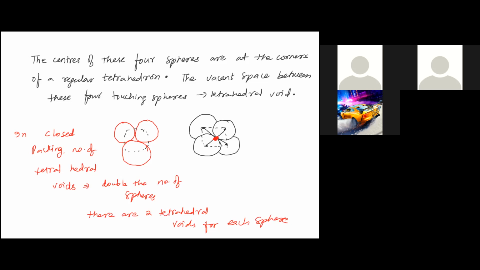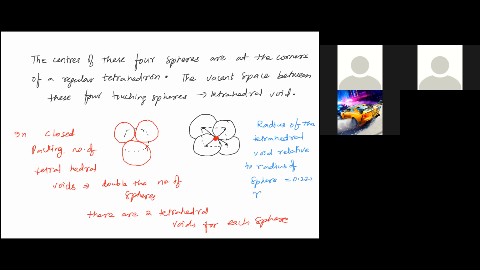Okay. Next information about it is the radius of the tetrahedral void, which is relative to the radius of the sphere, is actually 0.225. You have to remember it.